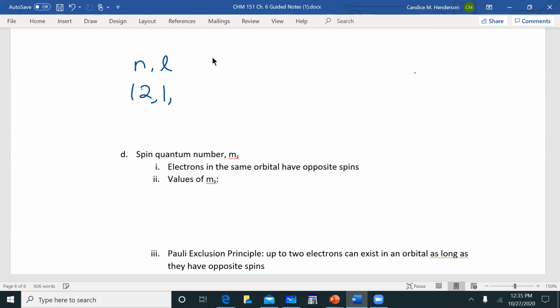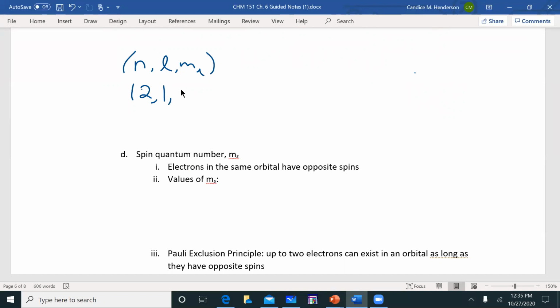And then we also have our magnetic quantum number, which is our ml. That is going to be some integer value between l minus 1 and l plus 1, including 0.